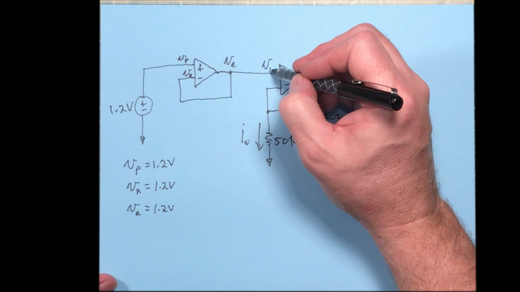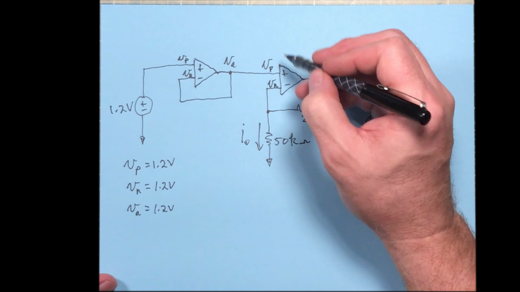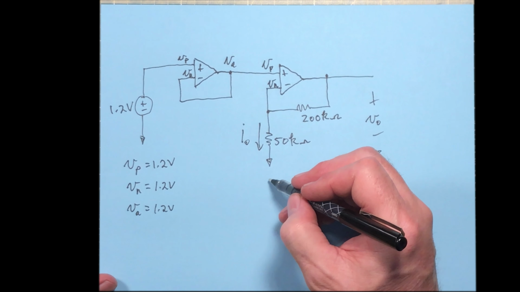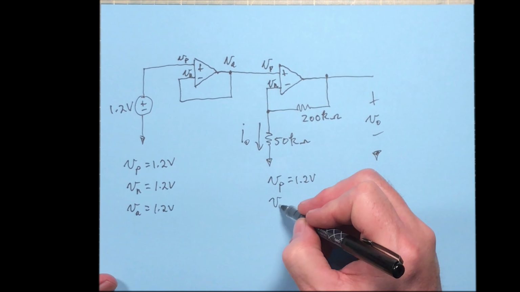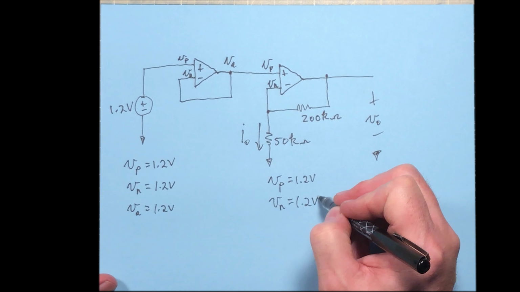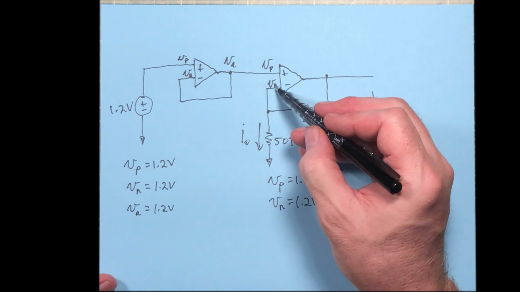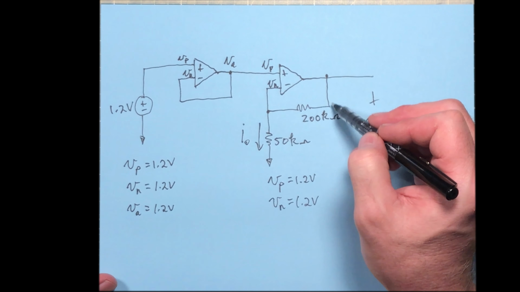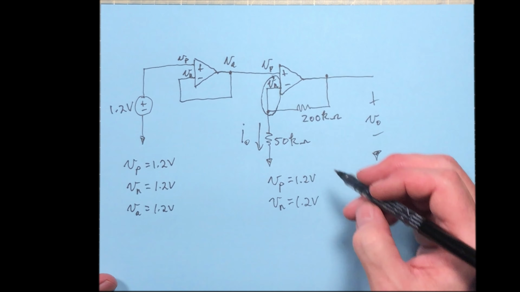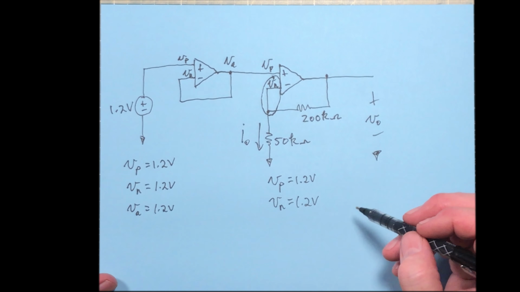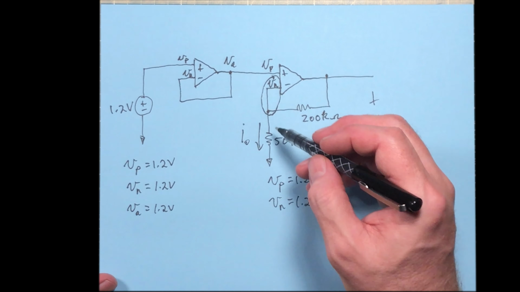Now, if you call this V sub P, then this is V sub N for this op-amp. So here, V sub P is 1.2 volts, which means V sub N is also 1.2 volts. And now we can write a node voltage equation for this node. This is all V sub N right here. There's no current going into the op-amp based on ideal op-amp constraints.